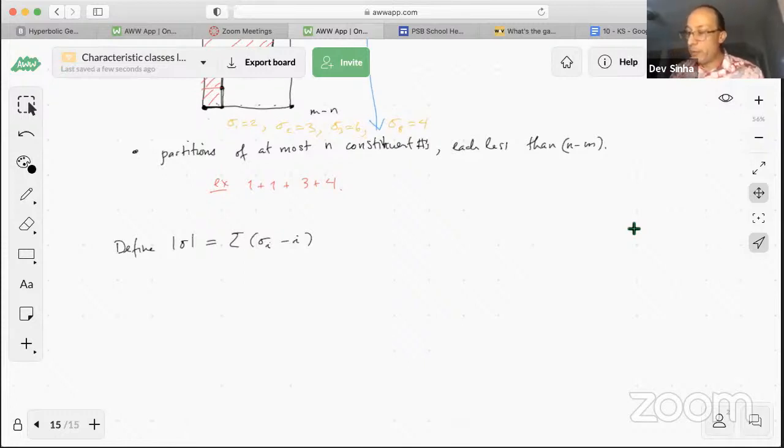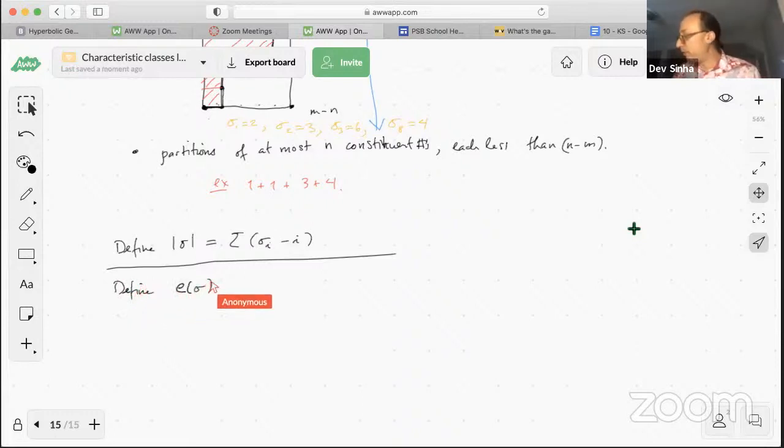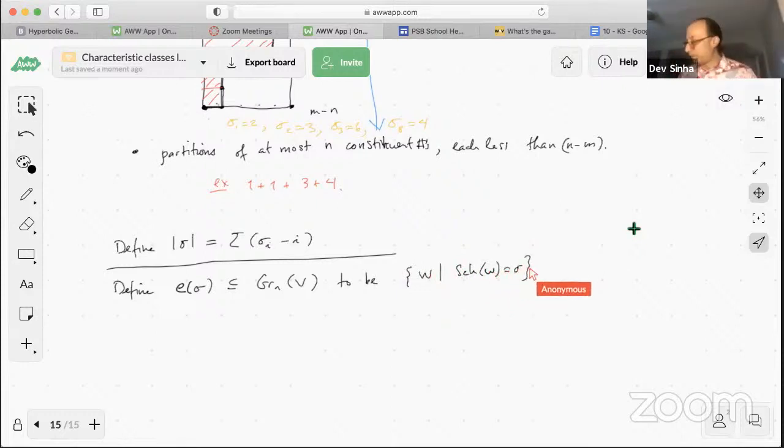And then what we're going to do is define E sigma to be a subset of the Grassmannian, the subspaces W so that the Schubert symbol of W is the given sigma. Okay?